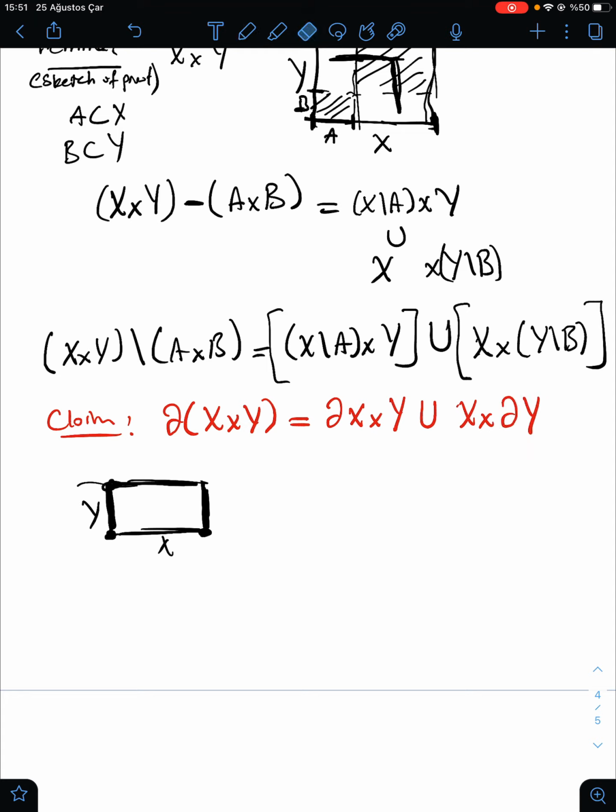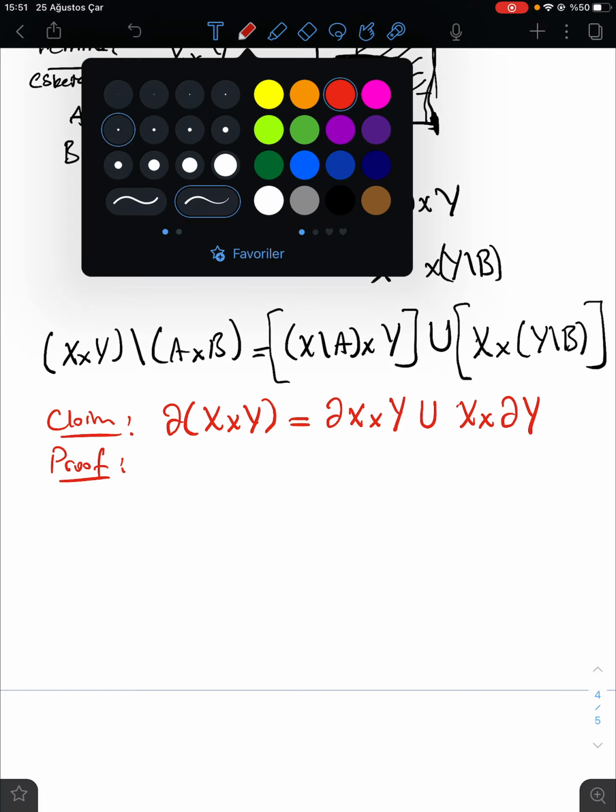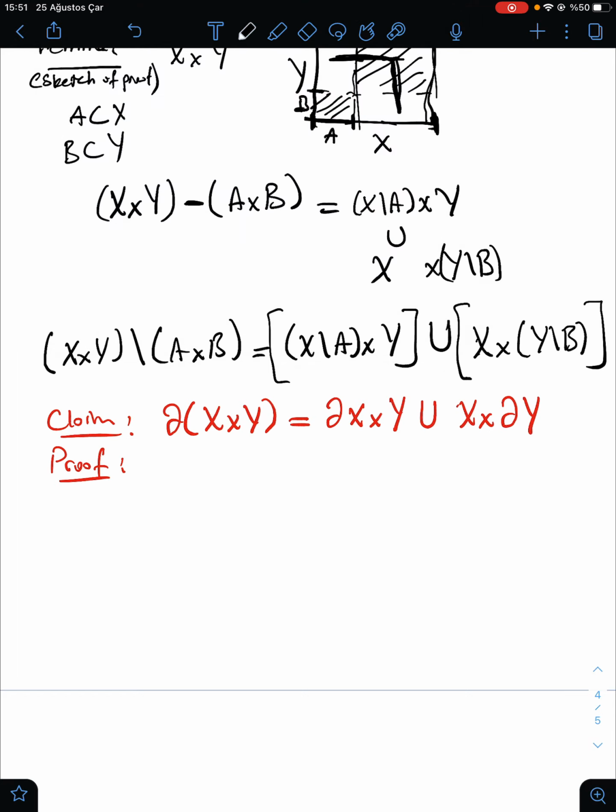But we are going to prove it concretely. First, what is the definition of the boundary? The boundary of X is X's closure minus its interior, right?